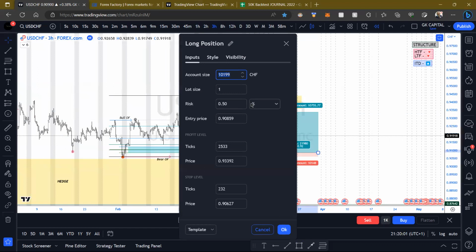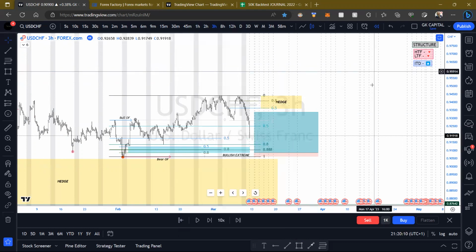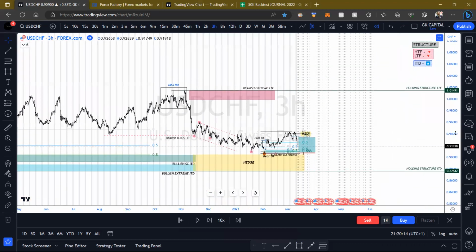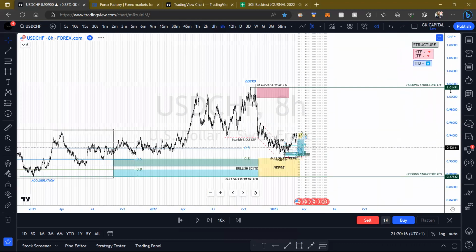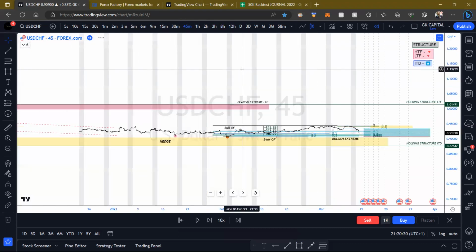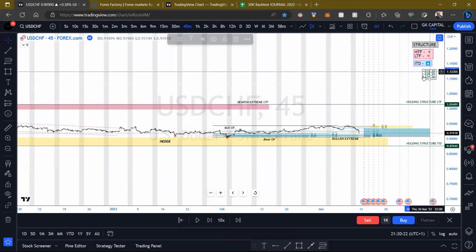And then what I'm going to be risking is 0.05. 0.005 on this. And my balance is, where's my, all right.